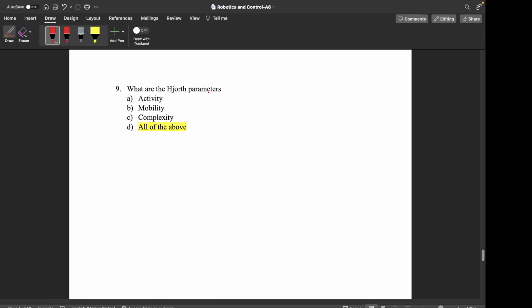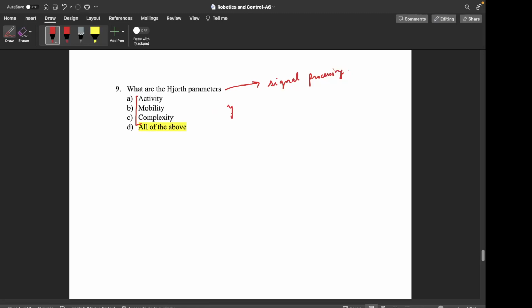And these are the three Hjorth parameters: activity, mobility, complexity, right? These are related to signal processing, and specifically signals from devices like EMG and EEG.